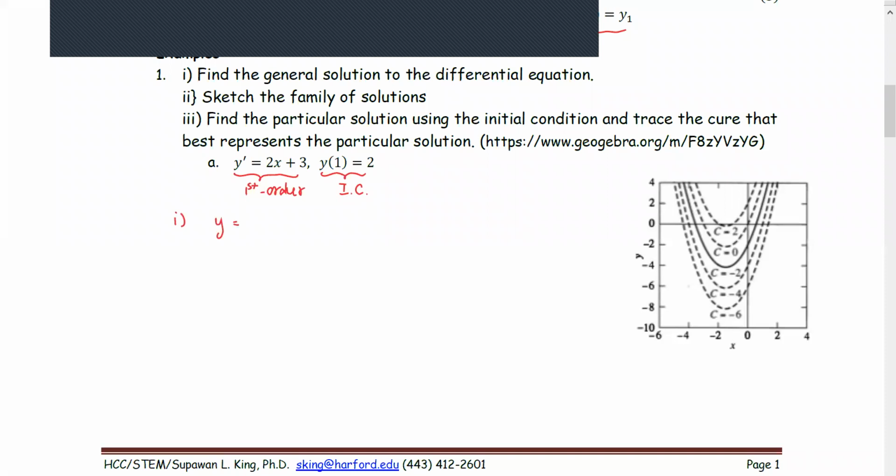So y equals the integral of 2x plus 3 with respect to x. That gives us x squared plus 3x plus c, which is called a general solution, or the one parameter solution.